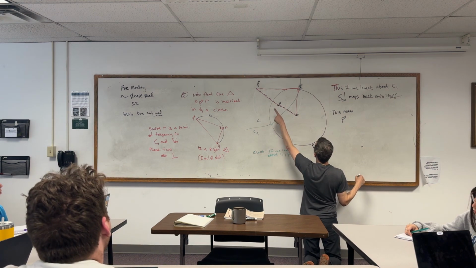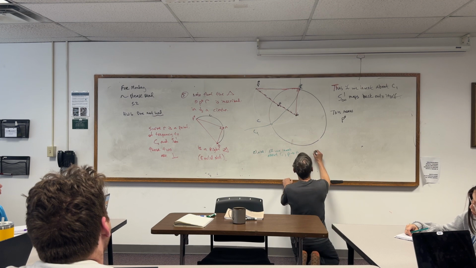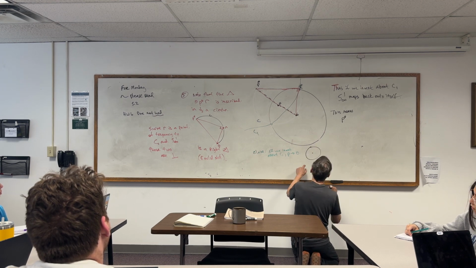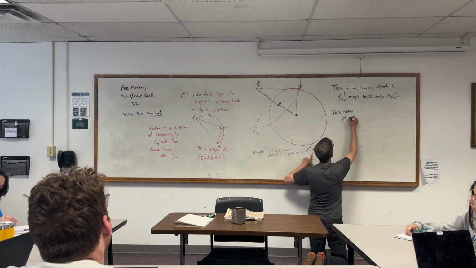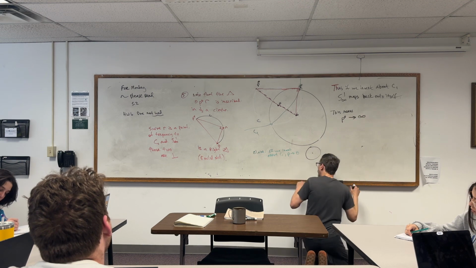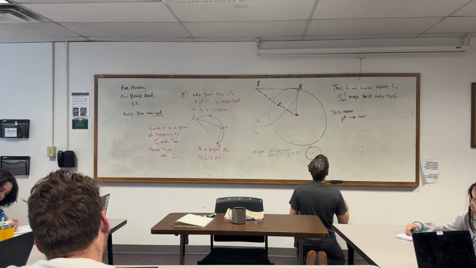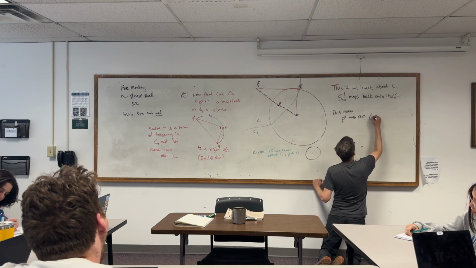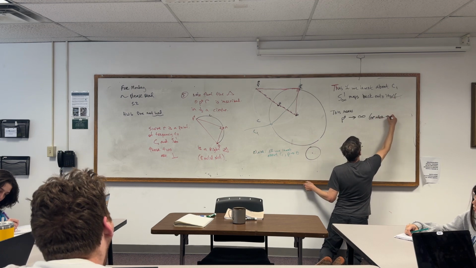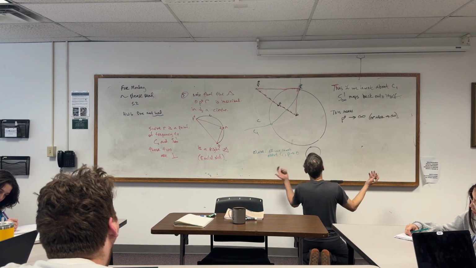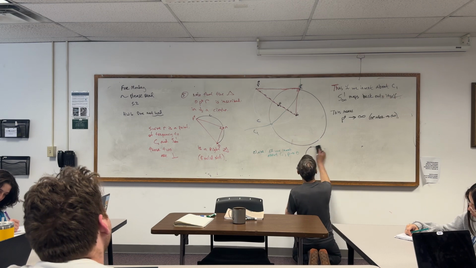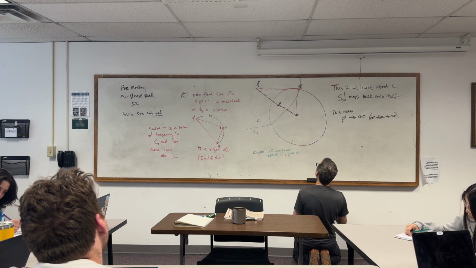P star is its center. Where does the center of a circle go when you invert around it? Infinity, yeah, beautiful. P star goes to infinity. The center of the circle goes to infinity. Because you end up dividing by the distance to that.